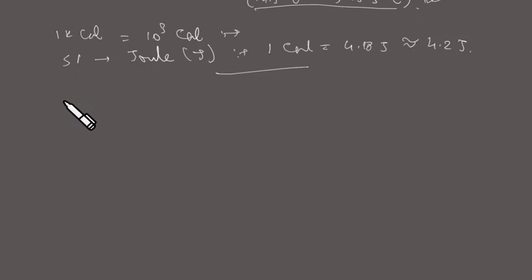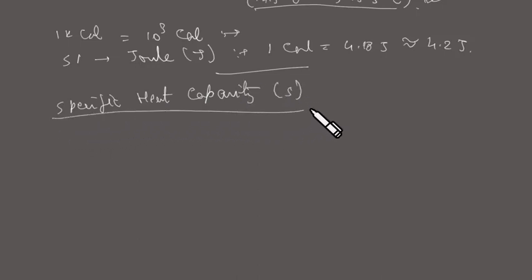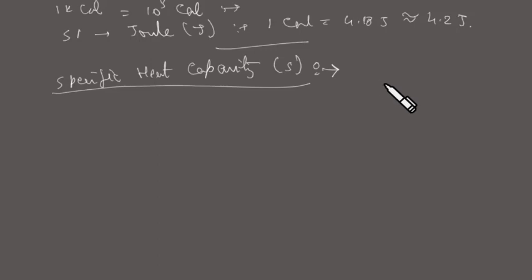Let's start with the specific heat capacity, which is represented as S. What is specific heat capacity? Okay, let's keep 1 kg of iron and 1 kg of water.